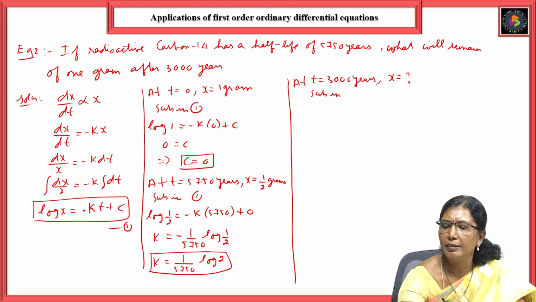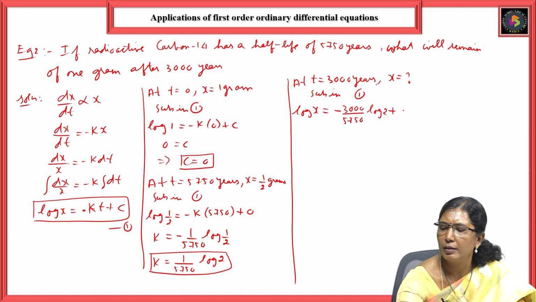Substituting in the equation, we get log x is equal to minus kt. We already know t is 3000 and k is 1 by 5750 into log 2. So log x is equal to minus 3000 by 5750 log 2 plus c. What is c? It is nothing but 0.